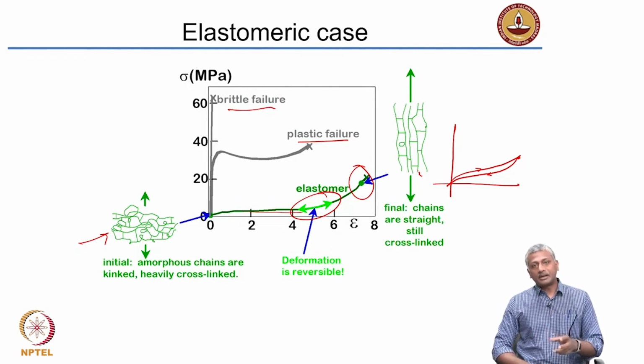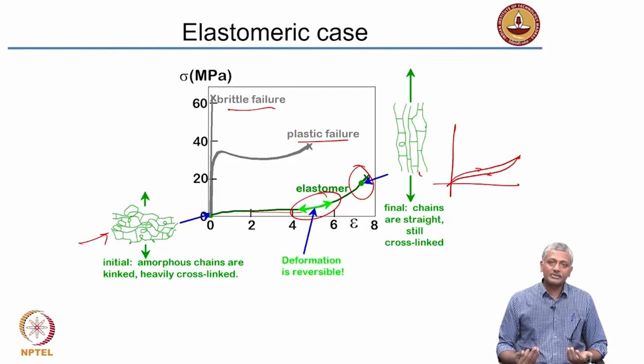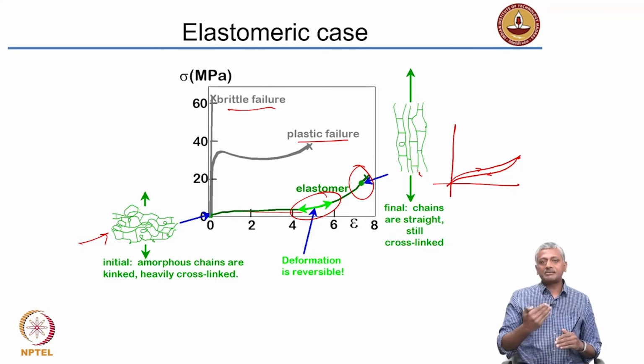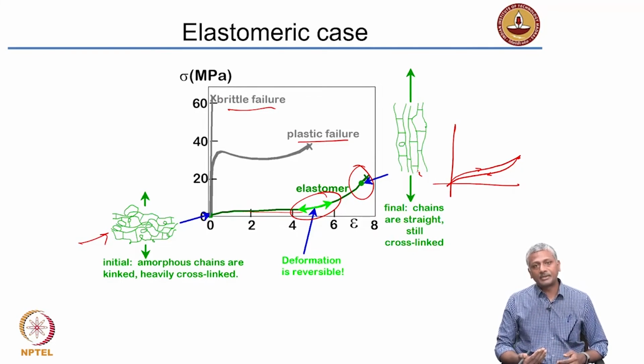So, rubber, which is a cross-linked, or vulcanized rubber is a cross-linked polymer, there you are producing basically an elastomeric material which exhibits very high levels of strain at low stress levels, and these strains are recoverable, reversible.